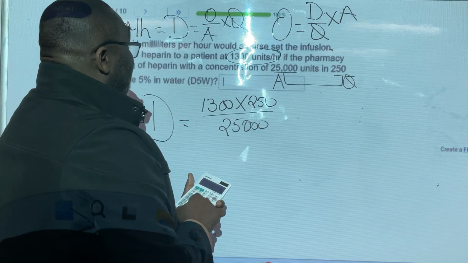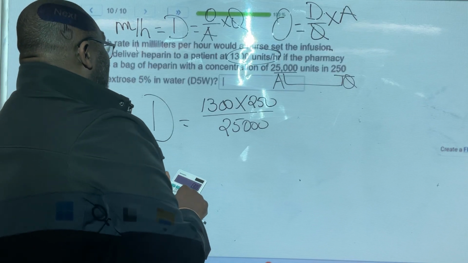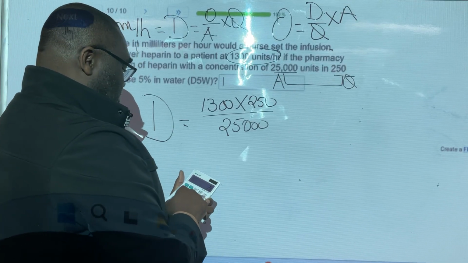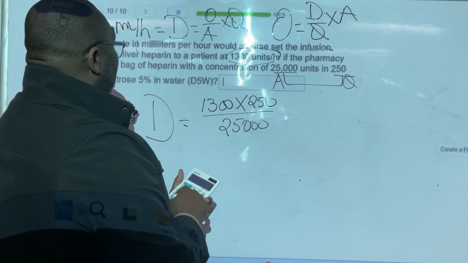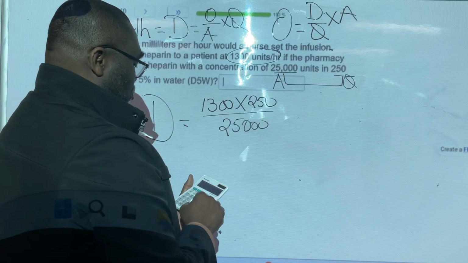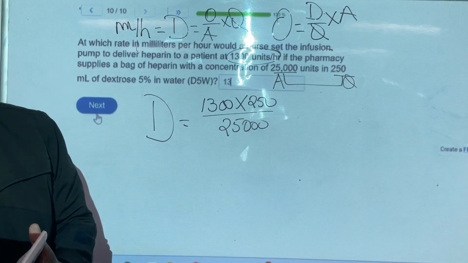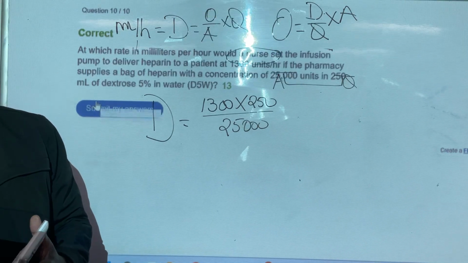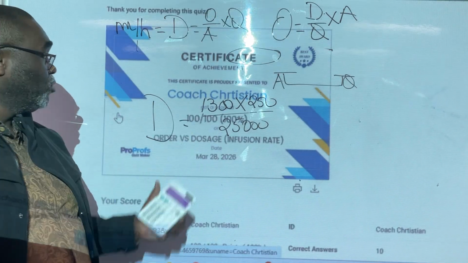The game we play today is a game of dosage or your order. The common mistake is that students add more zeros. So we got 13. You put the 13 right there, and once you submit your answer, you see you got 100.